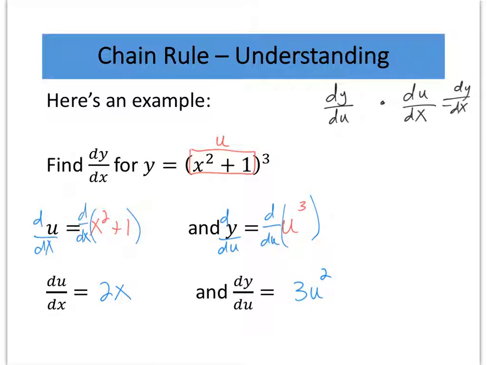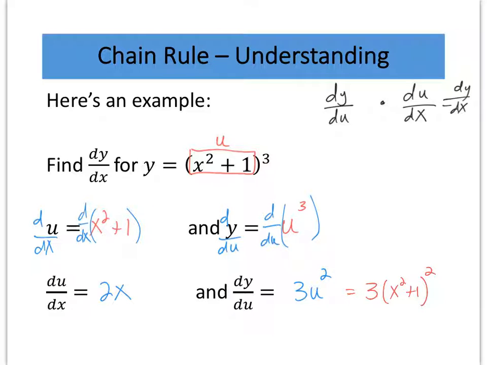Well, I actually know what u is. This was u, x squared plus 1. So dy du is really the same as, here I'll do it in red, 3 times u squared. What was u? u was x squared plus 1, so 3 times x squared plus 1, squared.